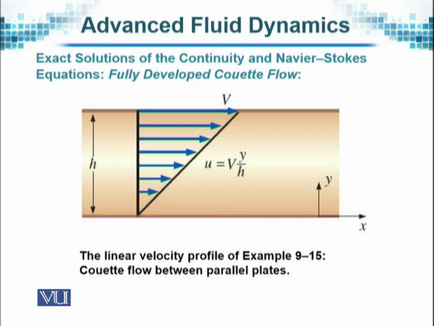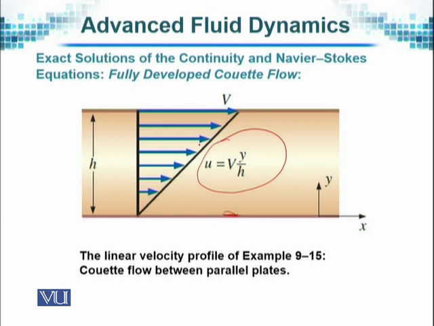This plate, when y equal to 0, is fixed, and when the distance y is equal to h, then the x component of velocity is capital V. The fluid flow can be described by the result that we have obtained, u is equal to V into y over h, where capital V is a constant velocity with which the plate is moving.